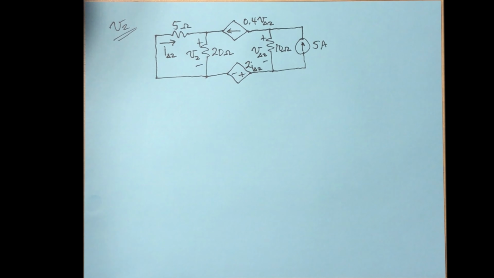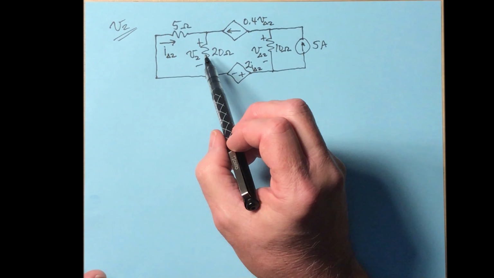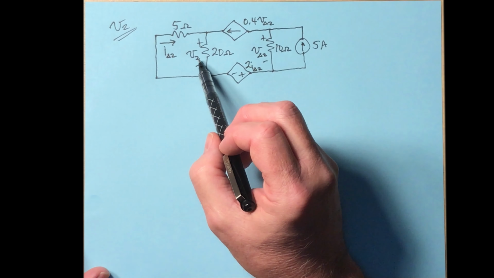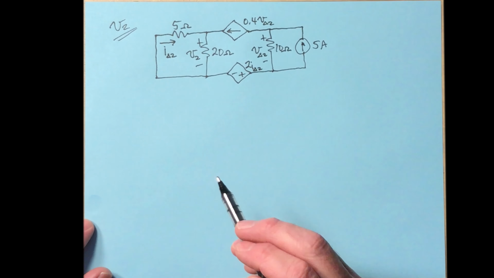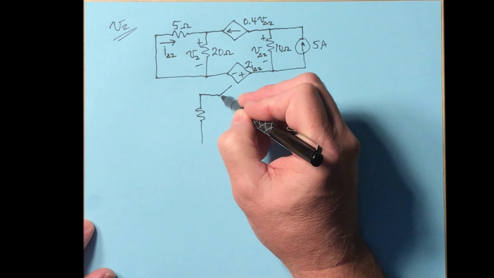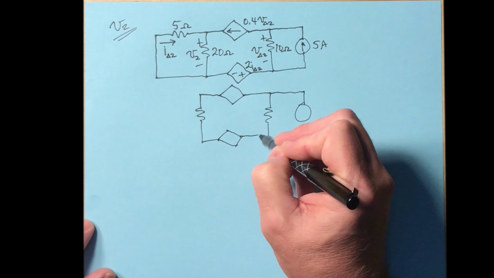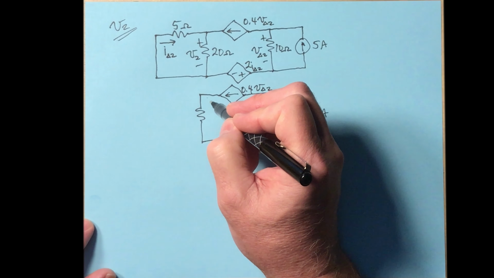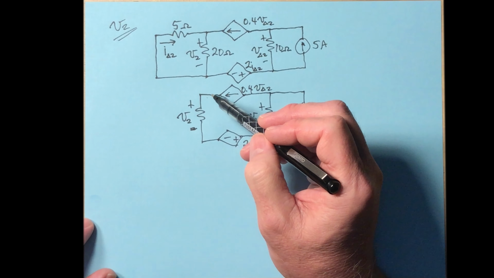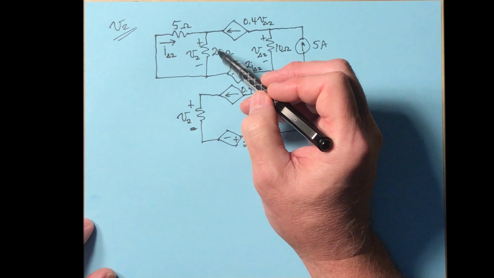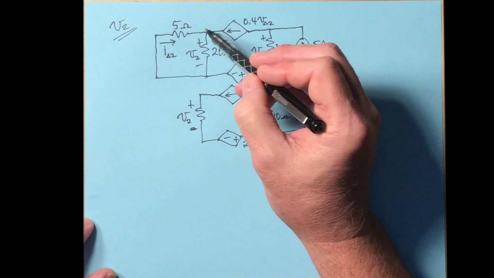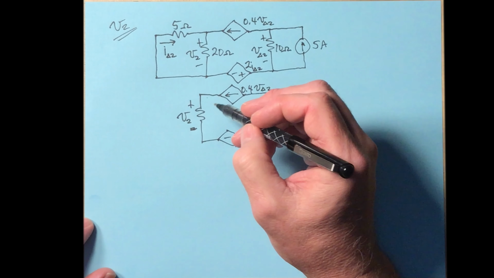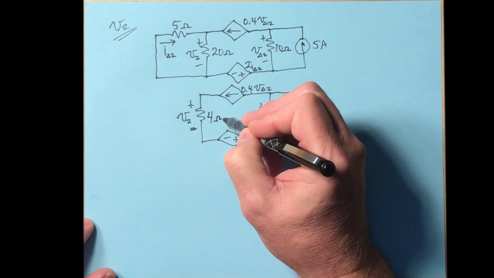One of the things that I see right off the bat is that we can combine these two resistors together, and it's not going to change our voltage V2. So let's do that. Now this is the 5 in parallel with the 20, so that is 100 over 25, so that is 4 ohms.